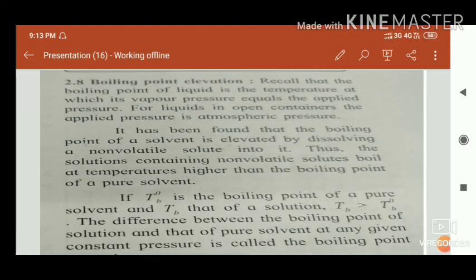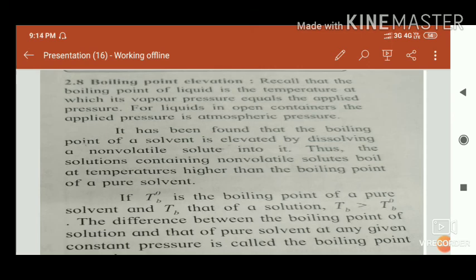Today we see the second colligative property from chapter number 2, Solutions: boiling point elevation. Here there are two words, boiling point and elevation. First we see the definition of boiling point and then we see about elevation.